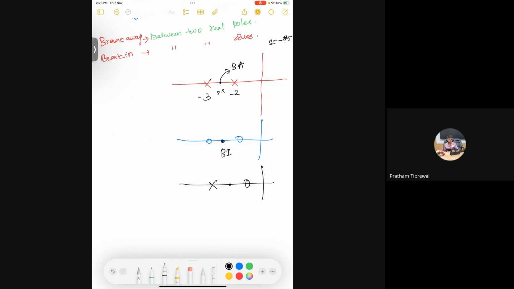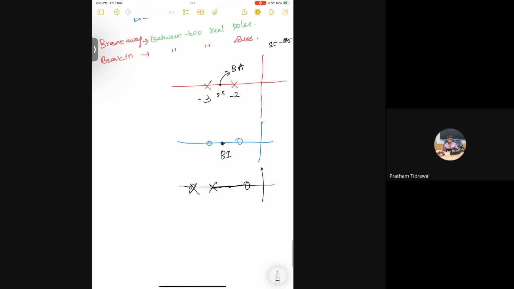It will come from poles and converge to zero. That's correct. But if some other pole or zero lies here, except something is going to infinity, for example here, if any other pole is there, then we don't really call them with any names.